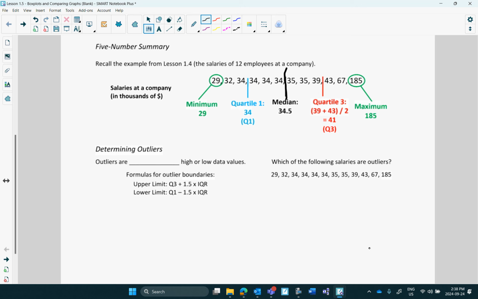To find Q1, we take the lower 6 and we find the middle number there. So what's the middle number there? It'll be between 34 and 34. So we get this by doing 34 plus 34 divided by 2. That's how we got Q1.